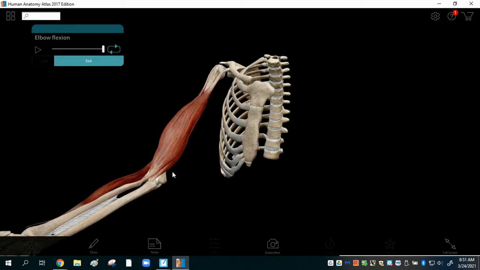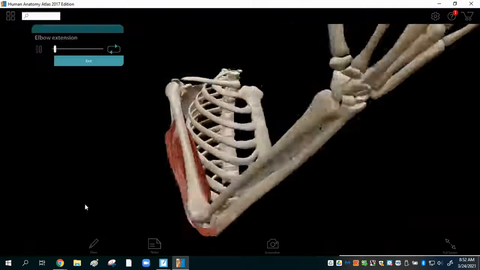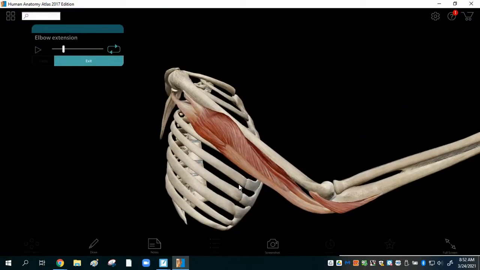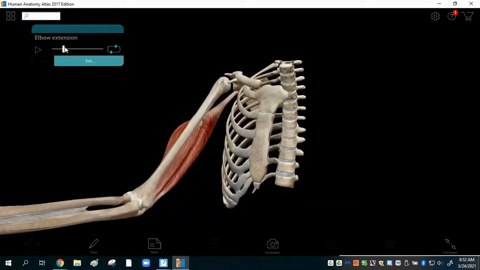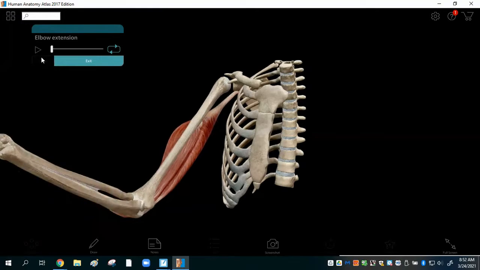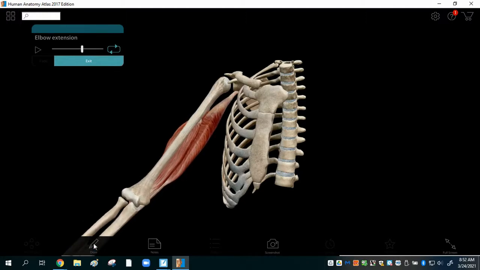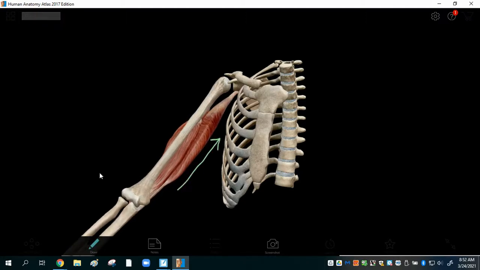So let's figure out if this muscle does elbow flexion, what muscle does elbow extension? Look, it's on the opposite side. So watch. We start out in a flexed position, and this muscle shortens. Watch it shortening. See, it's shortening in the same direction, but it's on the back of the arm.